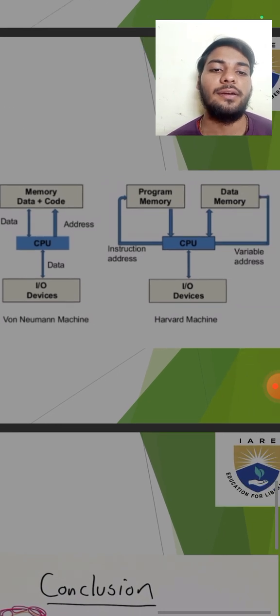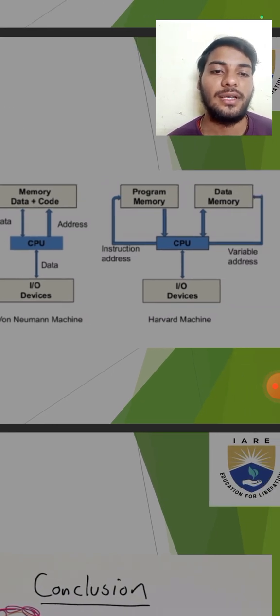And next we have the Harvard machine. The Harvard machine has two memories, program memory and data memory. Both are connected to the CPU only. From program memory we can share addresses in a single way, program memory to CPU only. From data memory we can exchange variable addresses in both directions with the CPU.